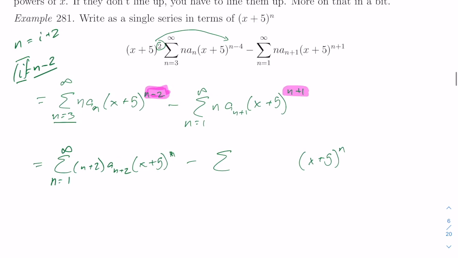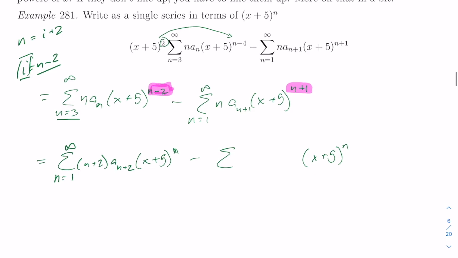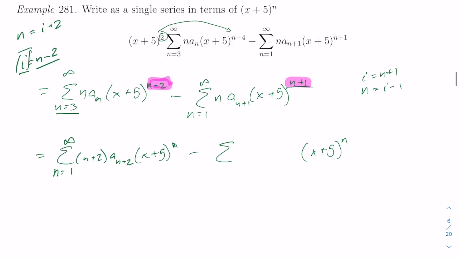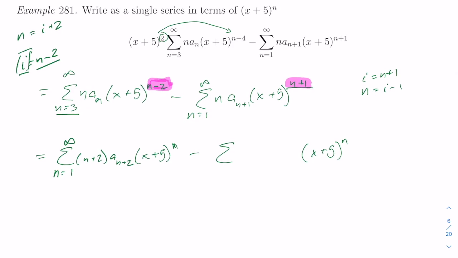That's not so bad. Then the next one, so this one's going down 1, right? So over here, i is equal to n plus 1. So that means that n is i minus 1. And so this n becomes n minus 1. The n minus 1 plus 1, so that is just a sub i, which is n.